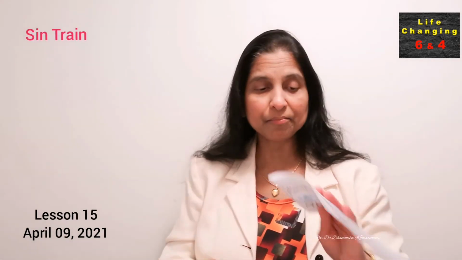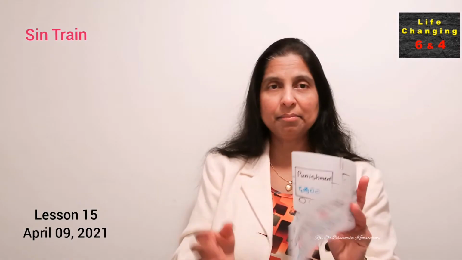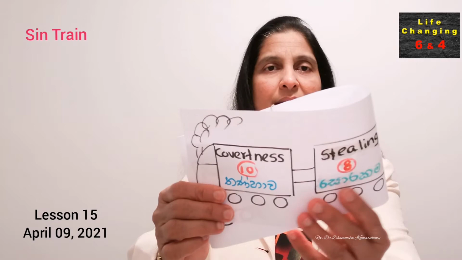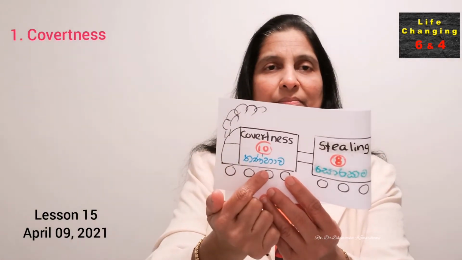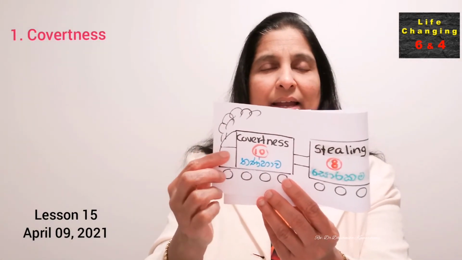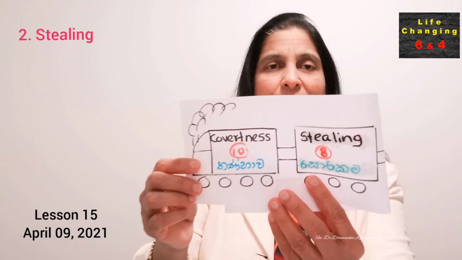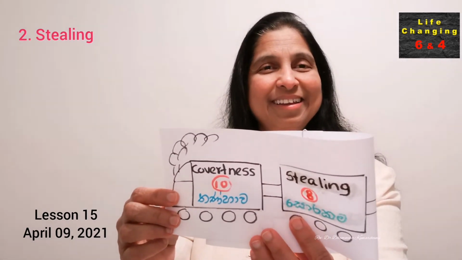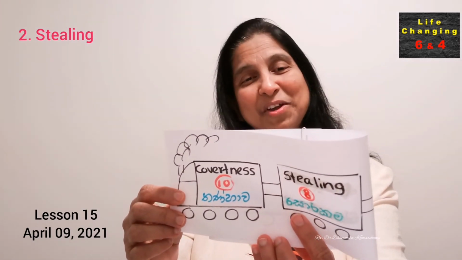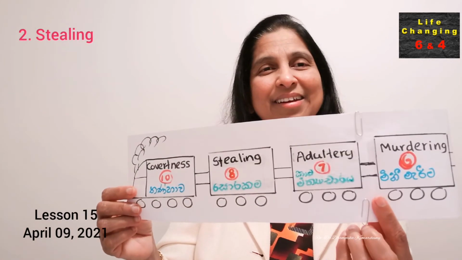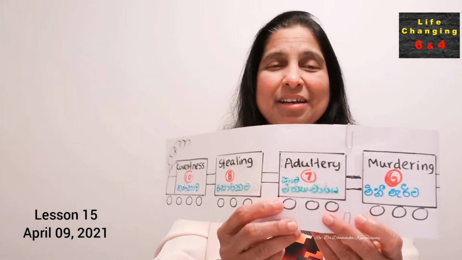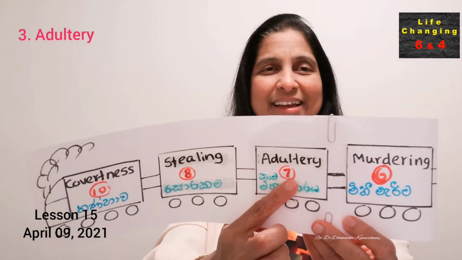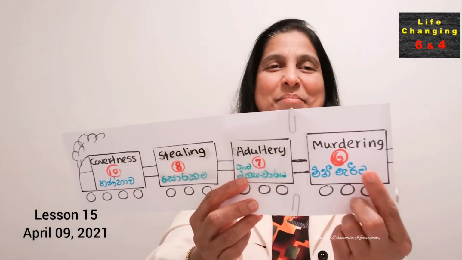Let me show you this. I have this diagram. First, the covetousness, 10th commandment, and then stealing. He stole that lady, his neighbor's wife, and then he committed adultery with her, 7th commandment, and then murdering.